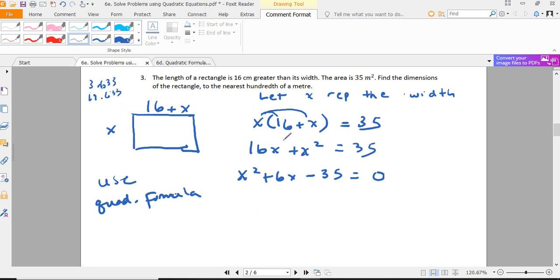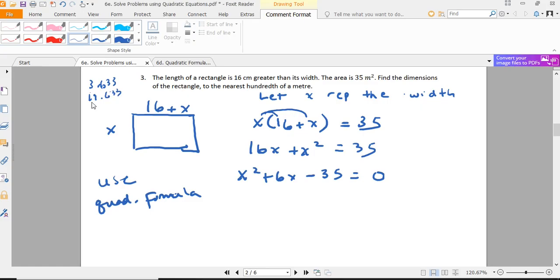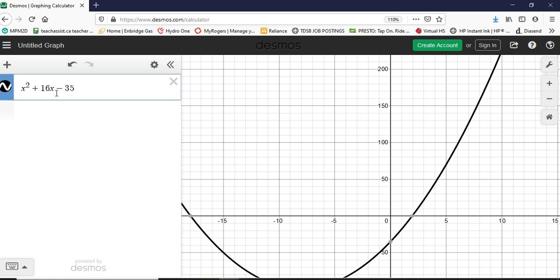Sorry, I think I typed something wrong here. Oh yeah, I did. Let's backtrack. That doesn't make sense, because 19 times 3 won't give me 35. So I realized that's supposed to be a 16. And then 7 times 5 still wouldn't work, would it? Nope. So let's just go back to decimals quickly, and let's throw a 16 in there. There we go.